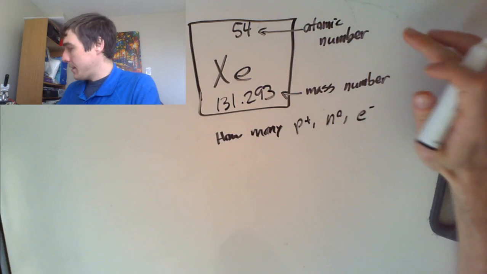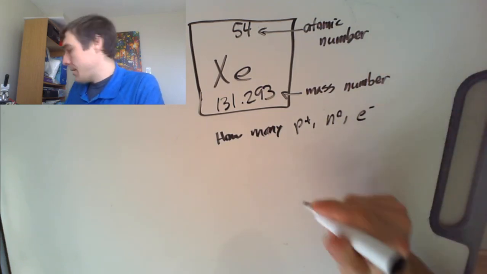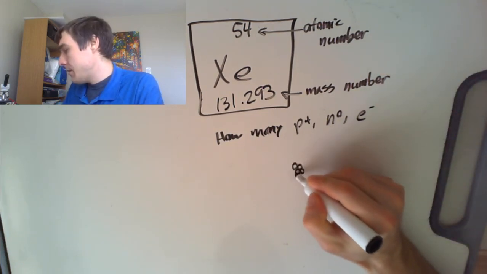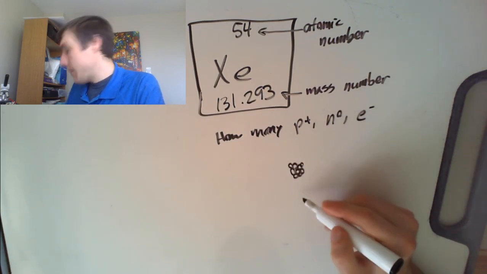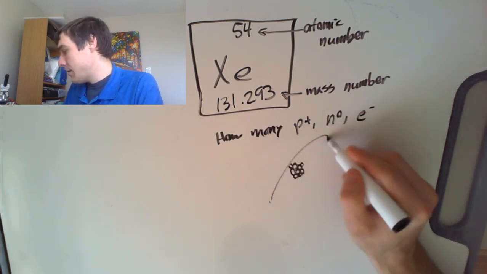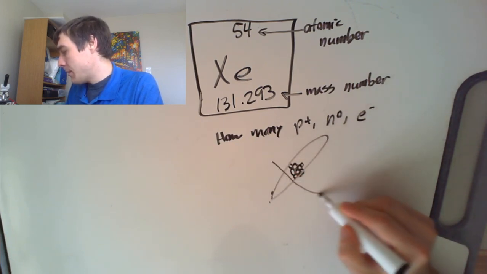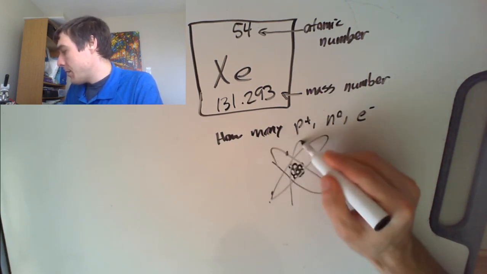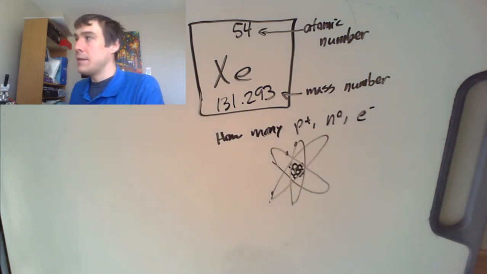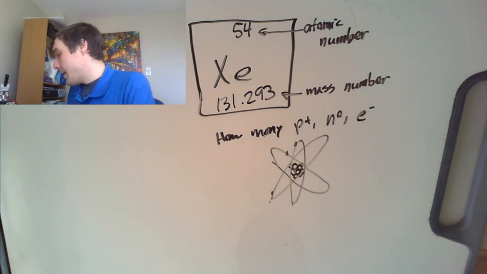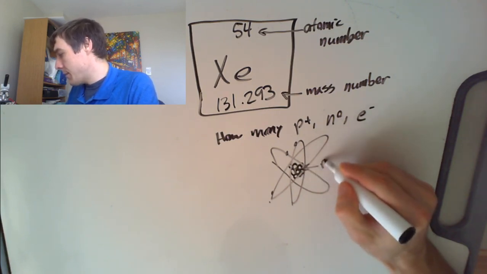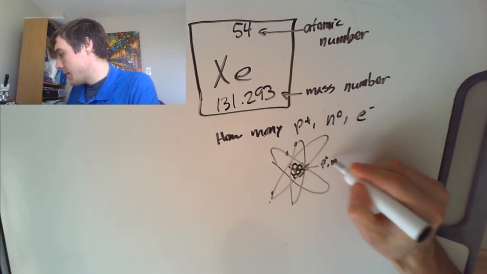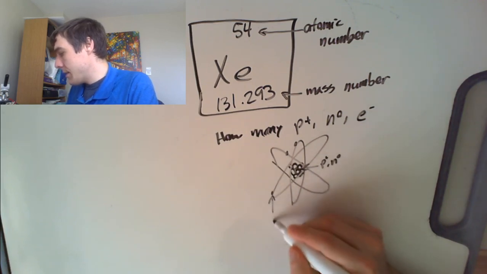And all we get is the atomic number and the mass number, and this concept of a nucleus in the center and electrons going around the outside. We can use the Jimmy Neutron model here, or the classic Rutherford model, because it doesn't really matter. So protons and neutrons are on the inside, and the electrons are on the outside.